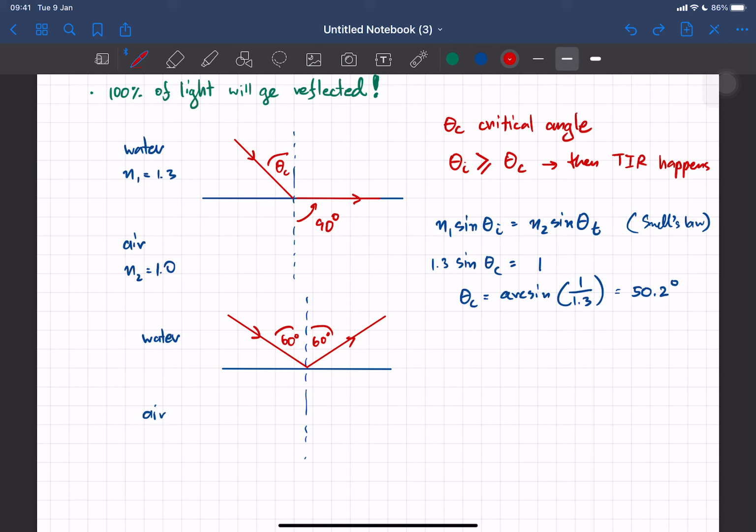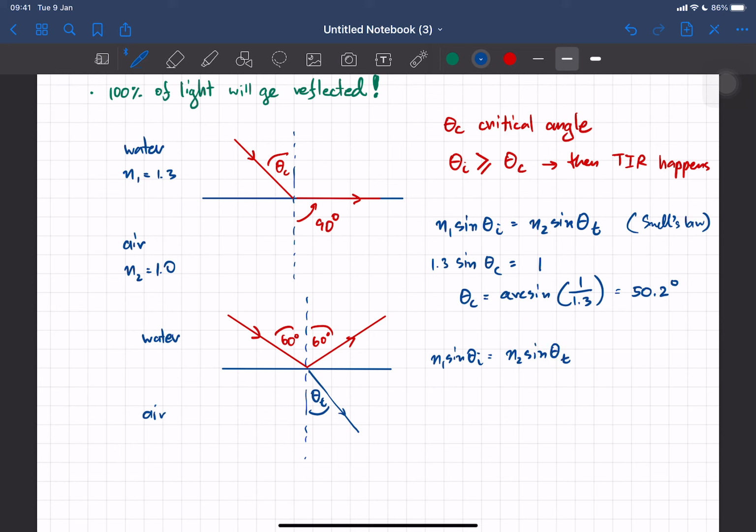And you can see that if you try to calculate the angle here, you get something strange. Because if you, let's say, want to use Snell's law to calculate theta t in this case, let's try that. So it's n1 sine theta i equal to n2 sine theta t.